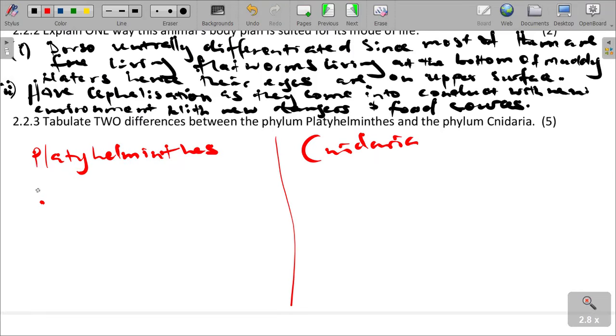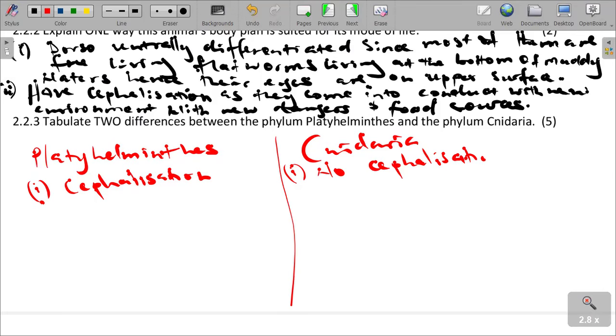So we can say, one, in these ones there is cephalization. Cephalization occurs, and then in this case, there is no cephalization. Two, we can also talk about the dorsoventral differentiation.